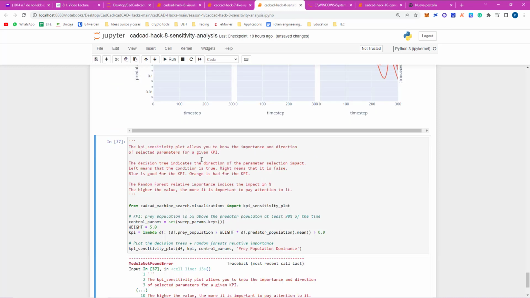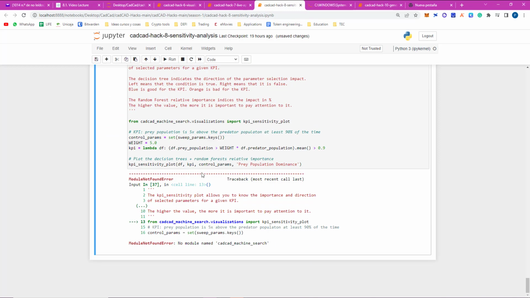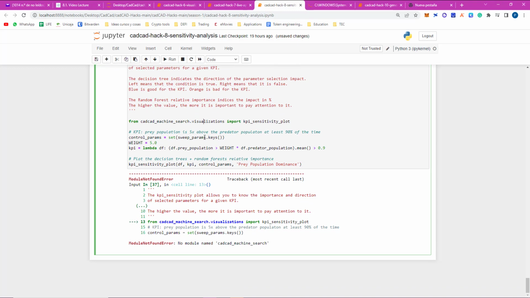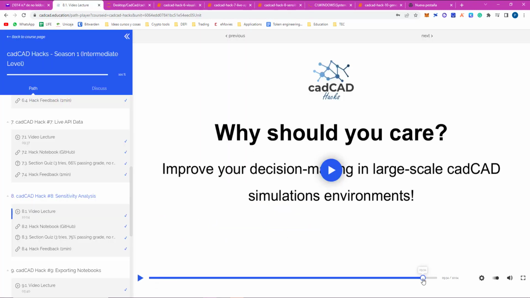Yeah, but I made a mistake. Oh, you're going to have to pip install it. You have to install that basically, because it didn't run. Okay, it's fine.